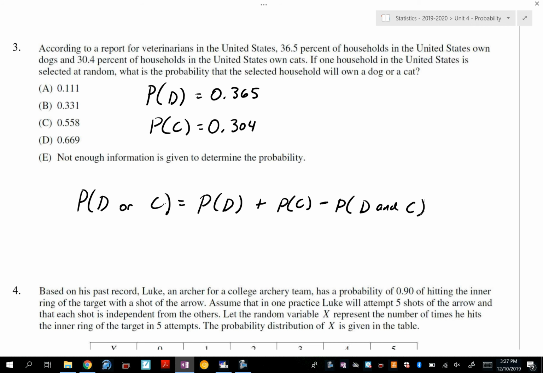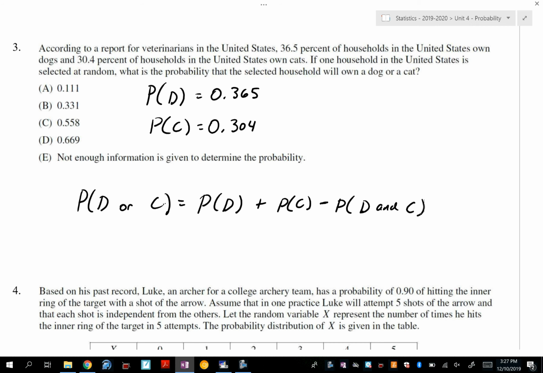I think we all agree that owning a dog and a cat are not disjoint. You can have both. And so, guys, to find this answer, I need dog. Do I have it? Yes. I have cat. But do I have dog and cat? No. And if I wanted to use the formula from number 1 and multiply dog and cat, I'd have to assume that they're independent.